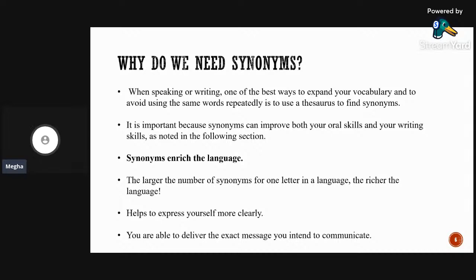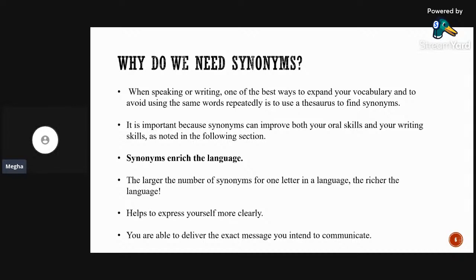So as I said, when you're writing an essay, or having a conversation, or explaining some topic to somebody, instead of using the same word again and again, when you know the synonyms of certain words, the sentence you say, or the explanation you give, or the essay you write can look richer or more meaningful when you use these synonyms.